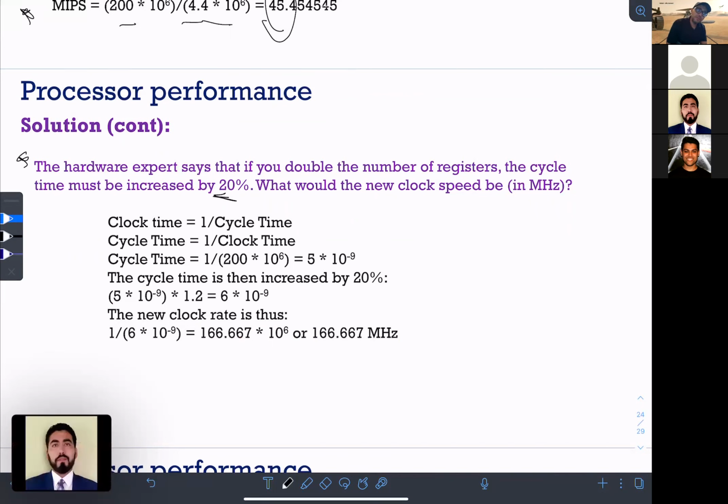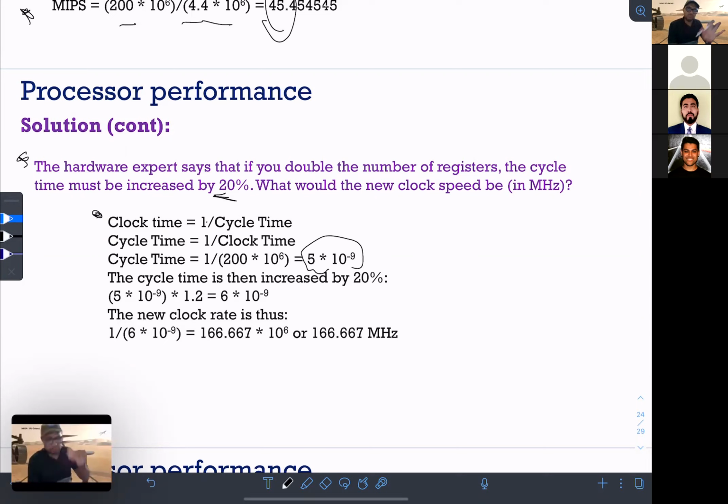That makes sense? So if you want to calculate the new frequency, you bring the old clock rate, you flip it, and you get the time. Then you add 20% to that time and flip it again, and you get the new maximum frequency. Do you agree? Because that was the old clock rate. So here, 1 over the clock rate of 200 megahertz gives you the time.